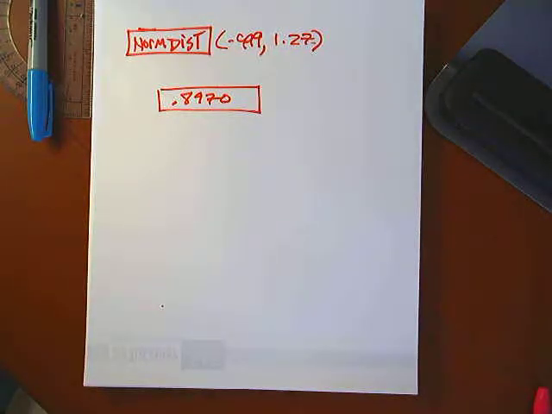You'll type in negative 999 comma 1.27, and then after you do that, hit enter, and then the cell will have 0.8970 or whatever it came out to be. So you can do it in an Excel spreadsheet also.